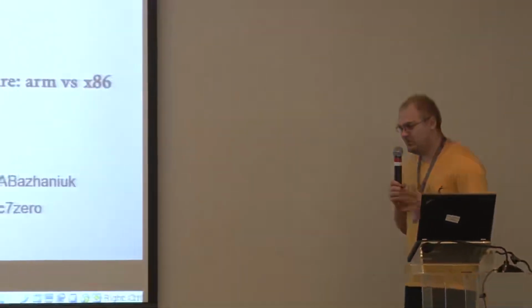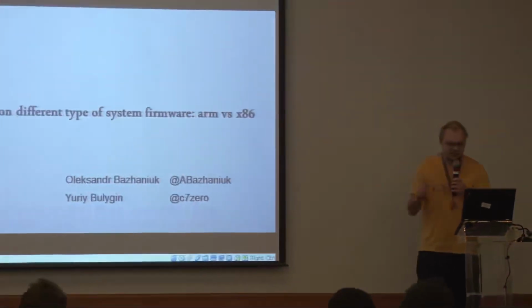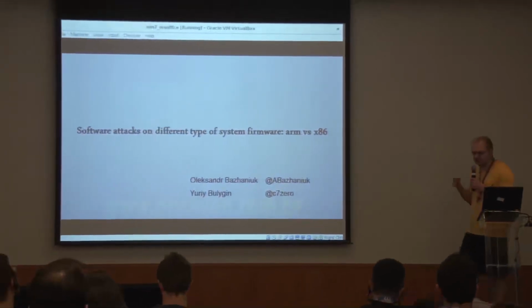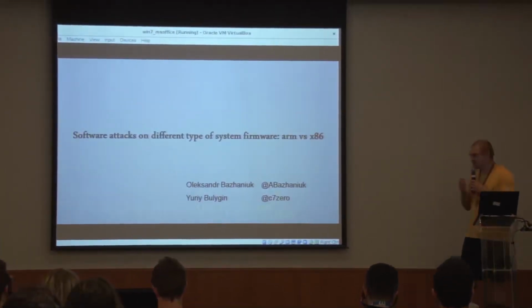Basically, after we published a bunch of research for x86 firmware attacks, we made an investigation for ARM firmware and hypervisor attacks. We were thinking about, let's combine this into one presentation and see where are the similar methods, what kind of vector is applicable just for x86, what kind of method is applicable just for ARM, and so on.